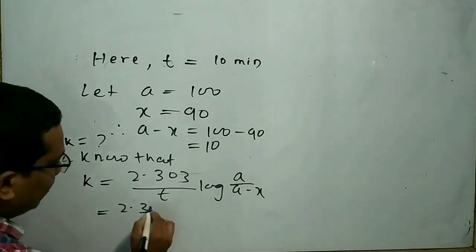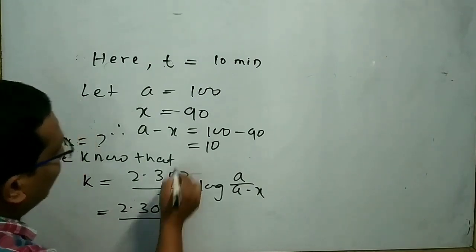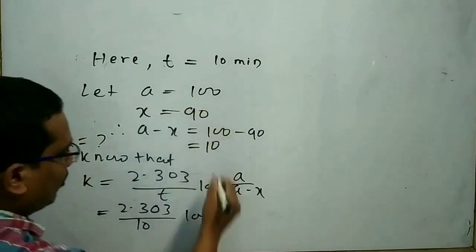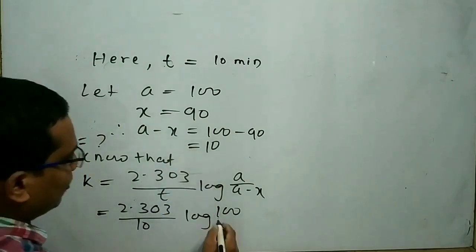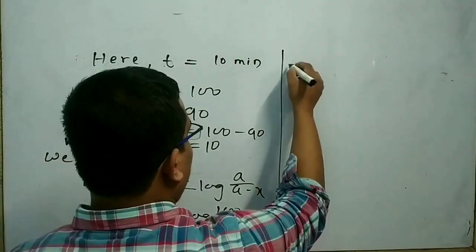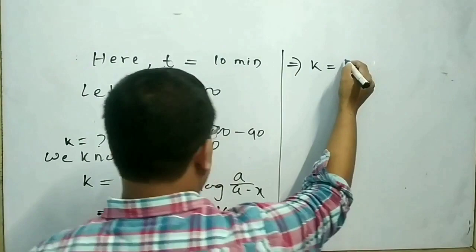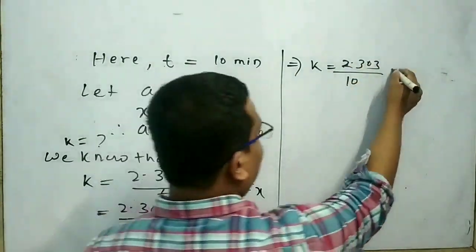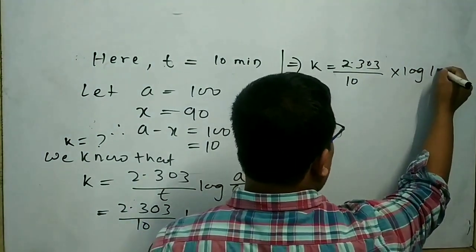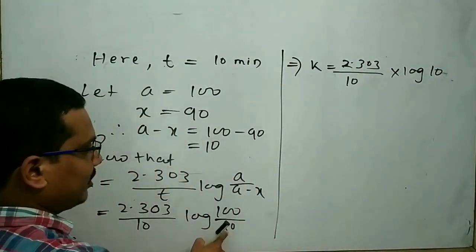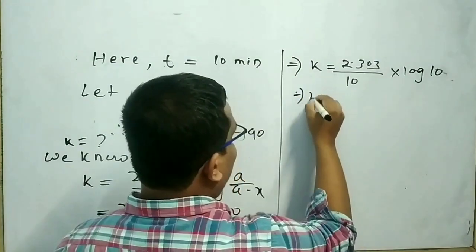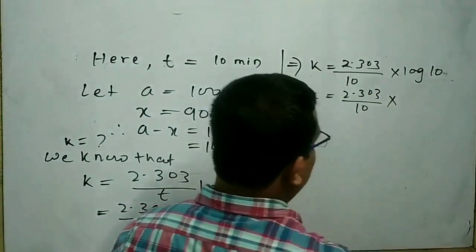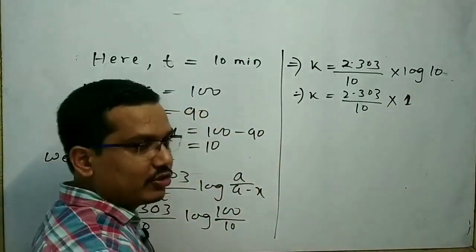Then we can write 2.303 divided by 10 into log of, your A is 100 and A minus x is 10. It implies that K is equal to 2.303 divided by 10 into log 10, because 100 by 10 is 10. It implies that K is equal to 2.303 divided by 10 into 1, because the value of log 10 is 1.